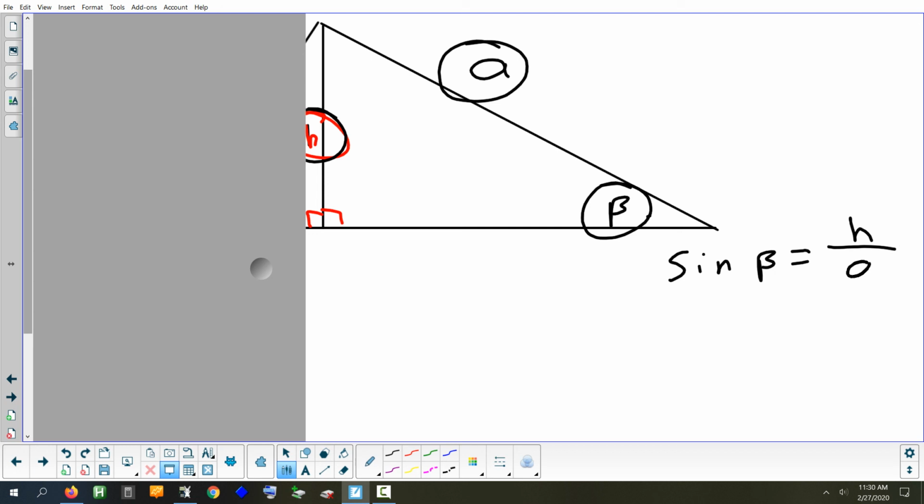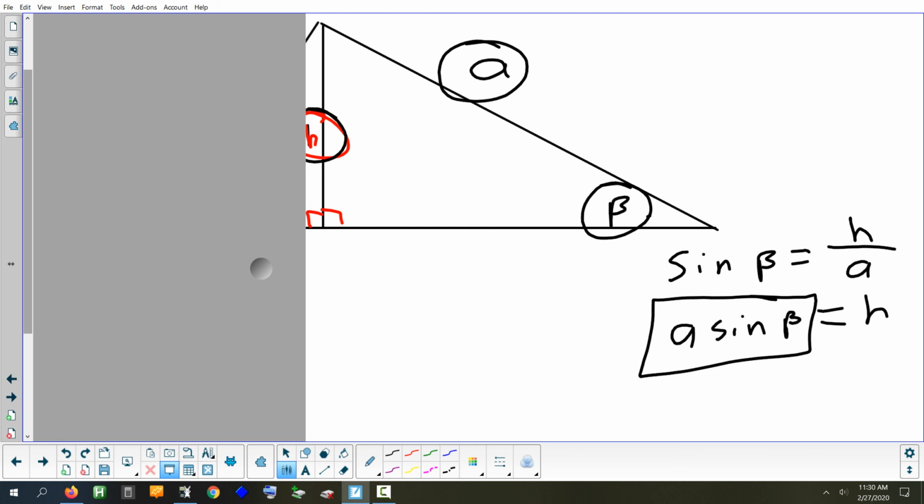H over A. And how about, Kaya, how would I get H by itself here? Yep. You're going to multiply both sides by A, just like we did before. So A sine beta equals the height. I'm going to call that box 2.